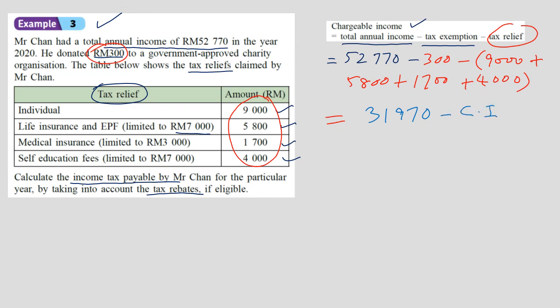So this is your chargeable income, not Mr. Chan's total income. After that, is he eligible for a tax rebate? You see, the chargeable income is less than 35,000.